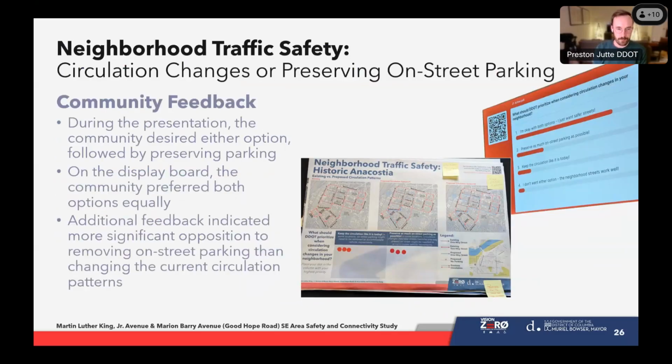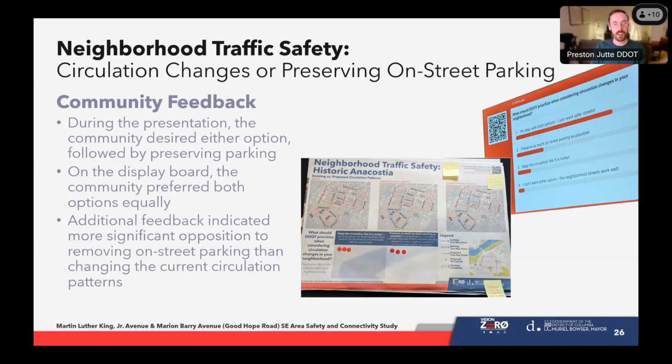Well, when we pitched this to people, you could see that it was a little bit even in the DOT exercise, but when we've spoken with folks, when we did the polling, and when we talked to people, it became very, very clear that maybe people support the ideas equally, but in the opposite way, folks were much more concerned and against removing parking.